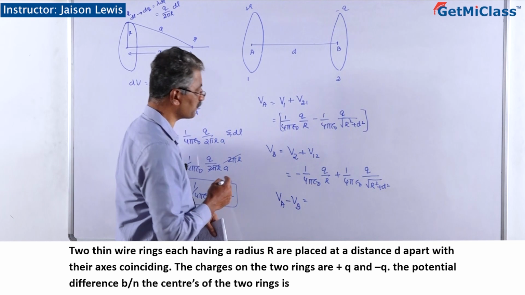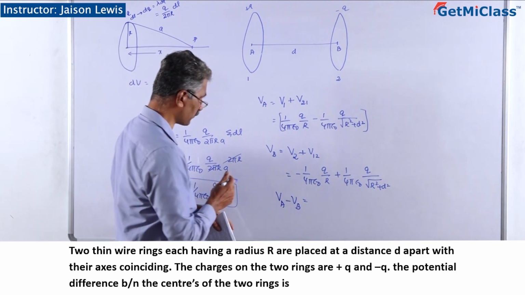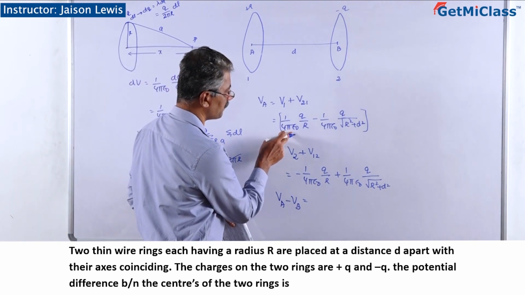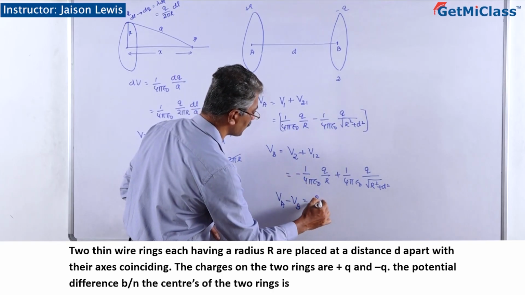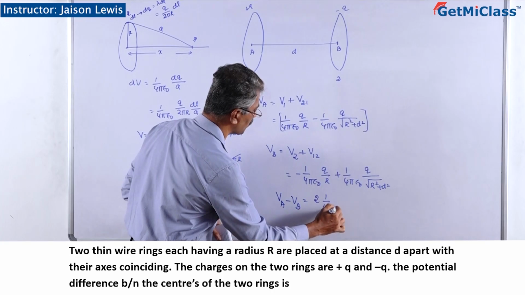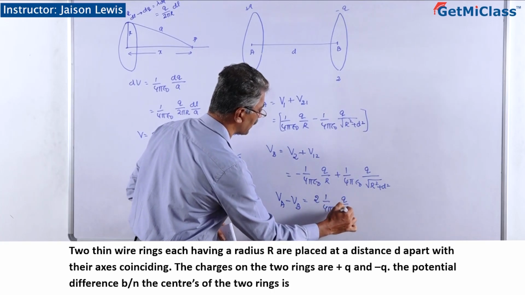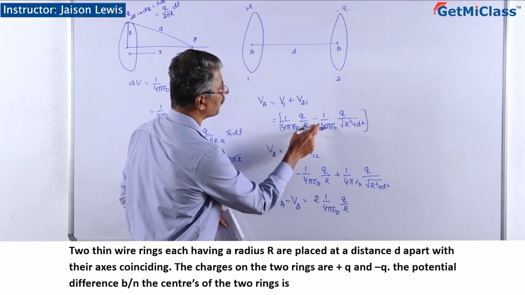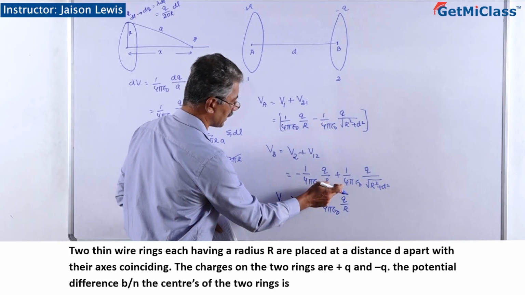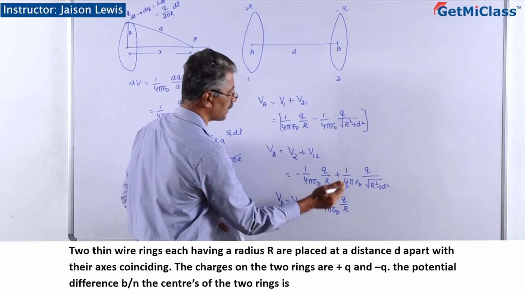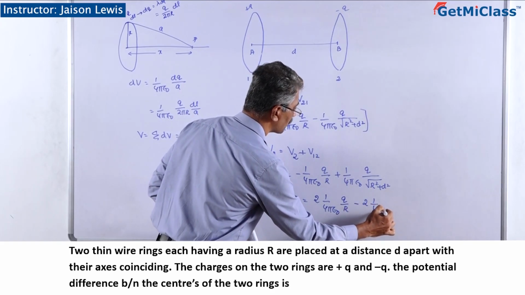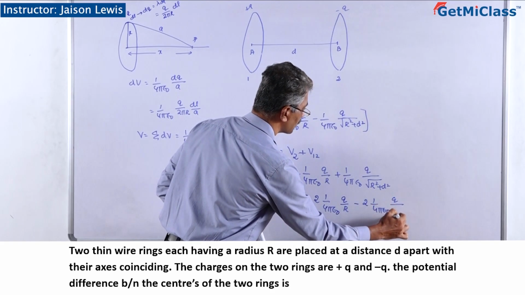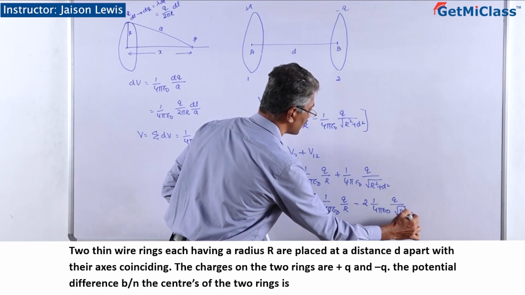If you find the potential difference, minus of minus becomes plus. Therefore it's 2 times 1 by 4 pi epsilon naught, q divided by r. Minus of the second term, therefore once again added, it is minus 2 into 1 by 4 pi epsilon naught, q divided by square root of r square plus d square.